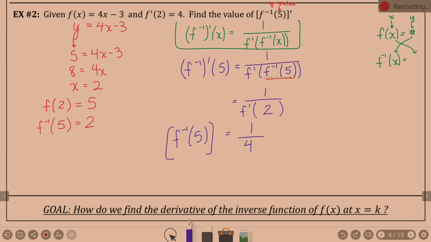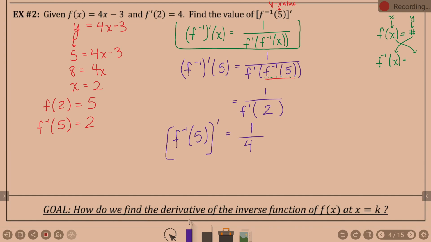For the record, another way to write the derivative: up here I showed, and this is probably the more common way, f inverse prime of 5. You could also write f inverse of 5 with a prime mark outside a set of parentheses. Now, to find f prime of 2, you would have to actually take the derivative of f and then plug it in.